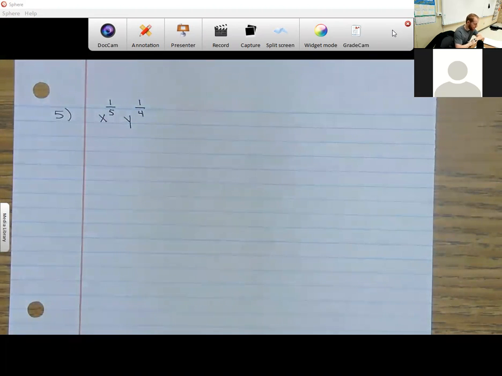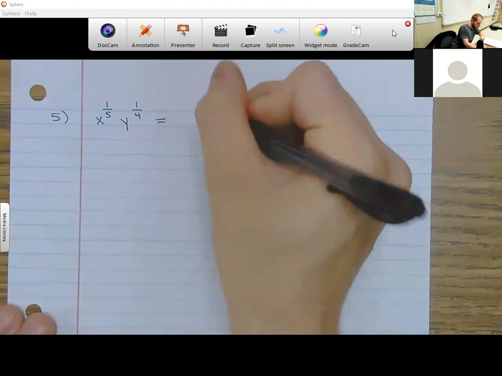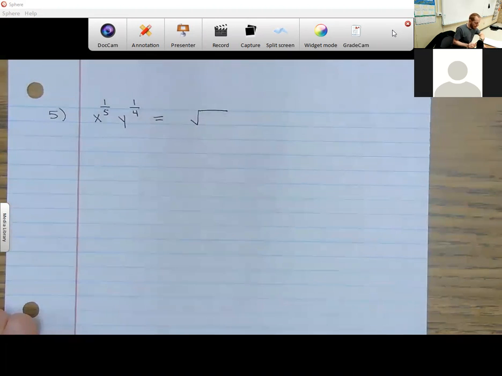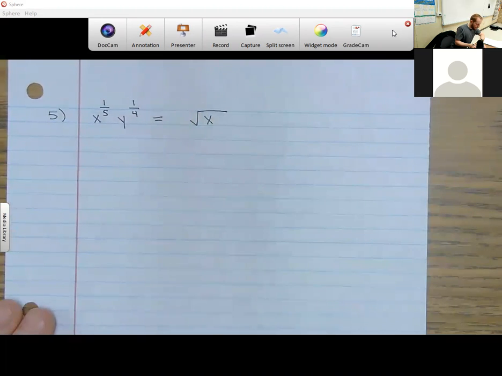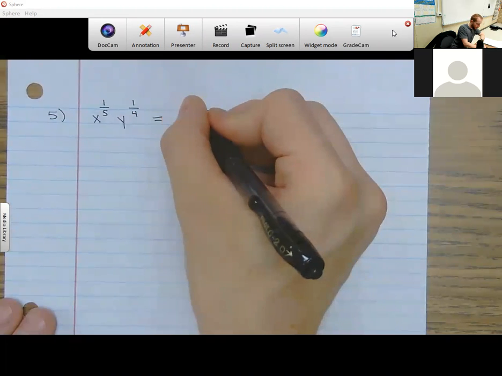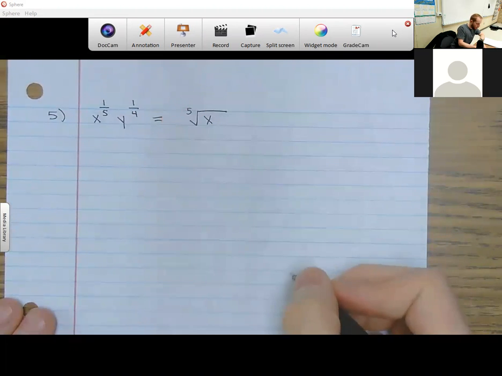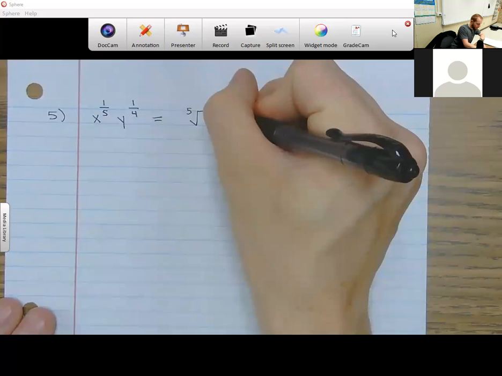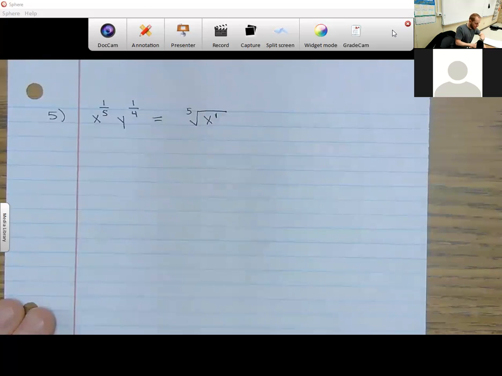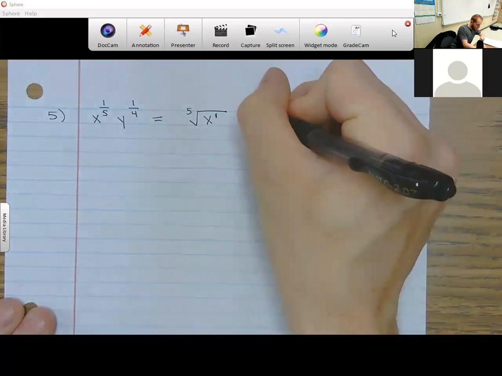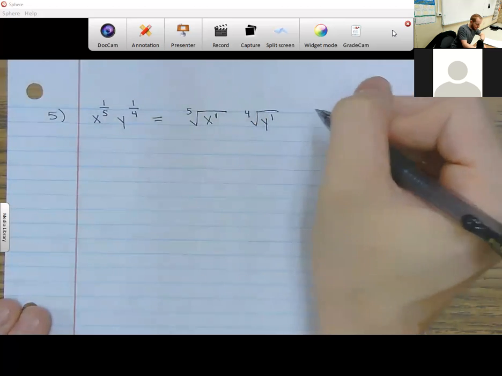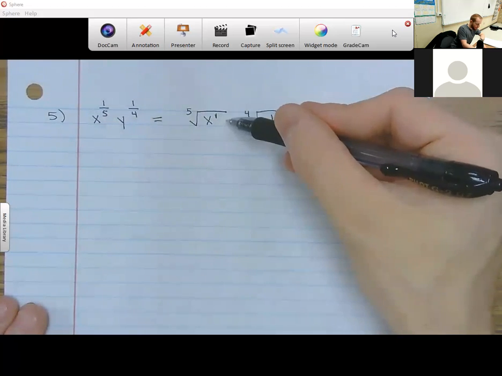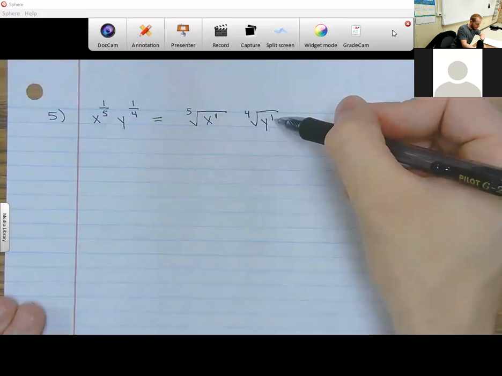When we do the x's, I draw my radical, and I'm going to have an x on the inside. And the denominator is going to become the outside, so the 5 goes on the outside, and the 1 is going to go on the inside. So I'm done with the x's. Now let's do the y's. I'm going to have a 4 on the outside, and I'm going to have a 1 on the inside. So the 5th root of x times the 4th root of y.